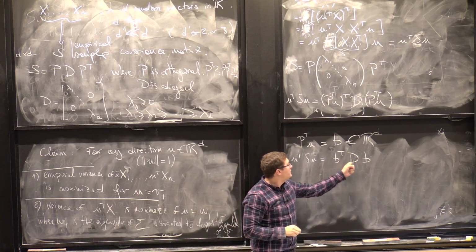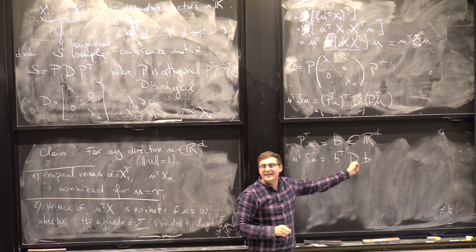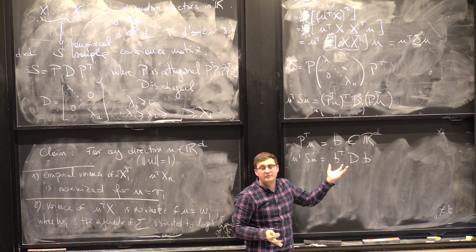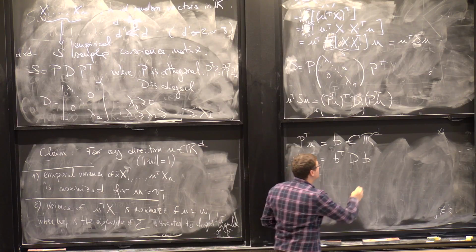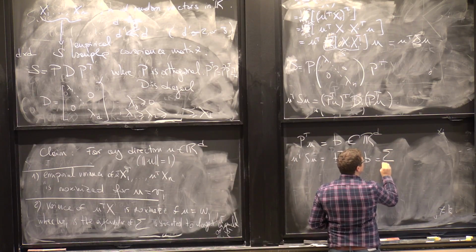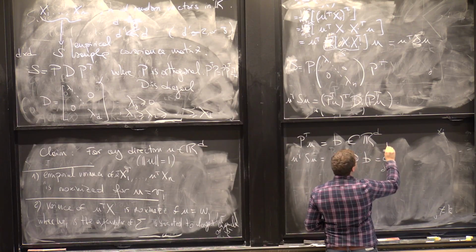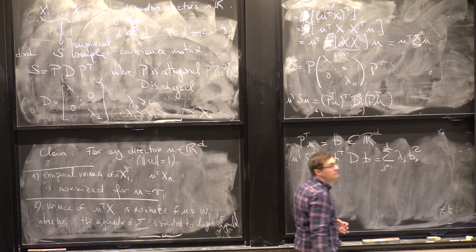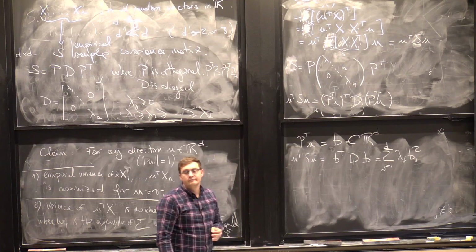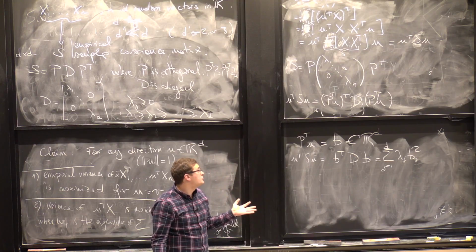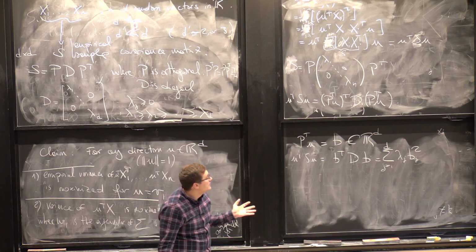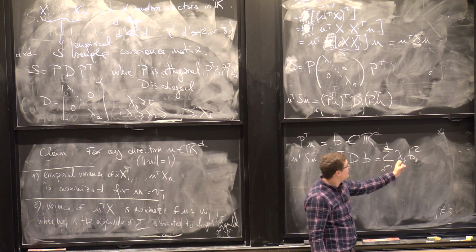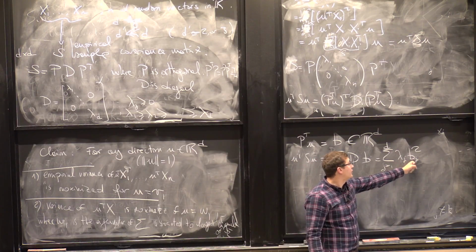But now, doing B transpose DB when D is diagonal and B is a vector is a very simple thing, right? I can expand it. This is just the sum from j equal 1 to d of lambda j bj squared. So that's just like matrix vector multiplication. And in particular, I know that the largest of those guys is lambda 1, and those guys are all non-negative.